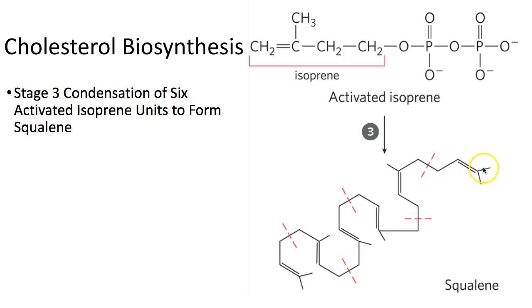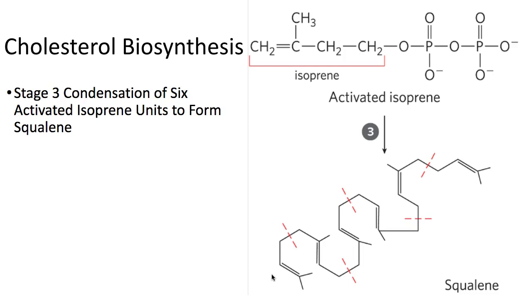And so overall, you have a total of 6 of the activated isoprene to form this squalene structure.